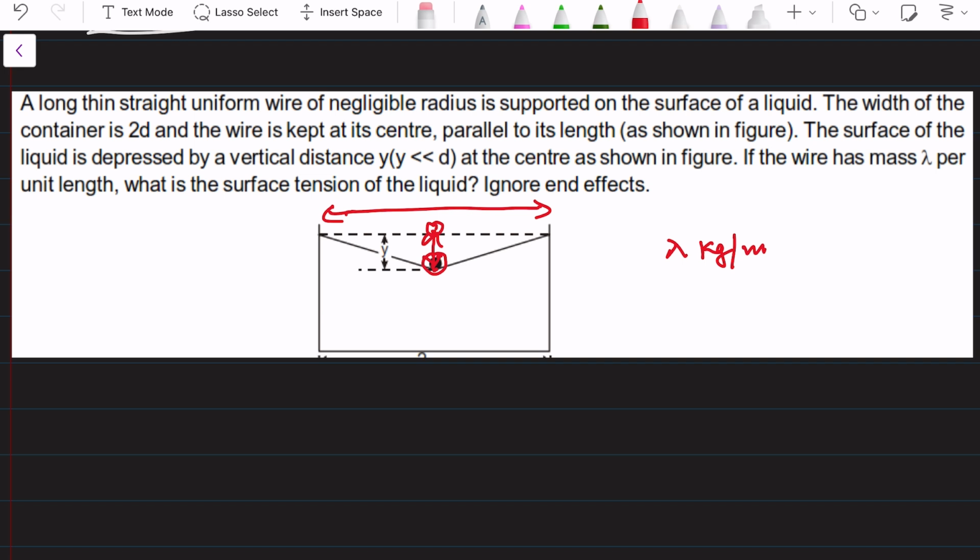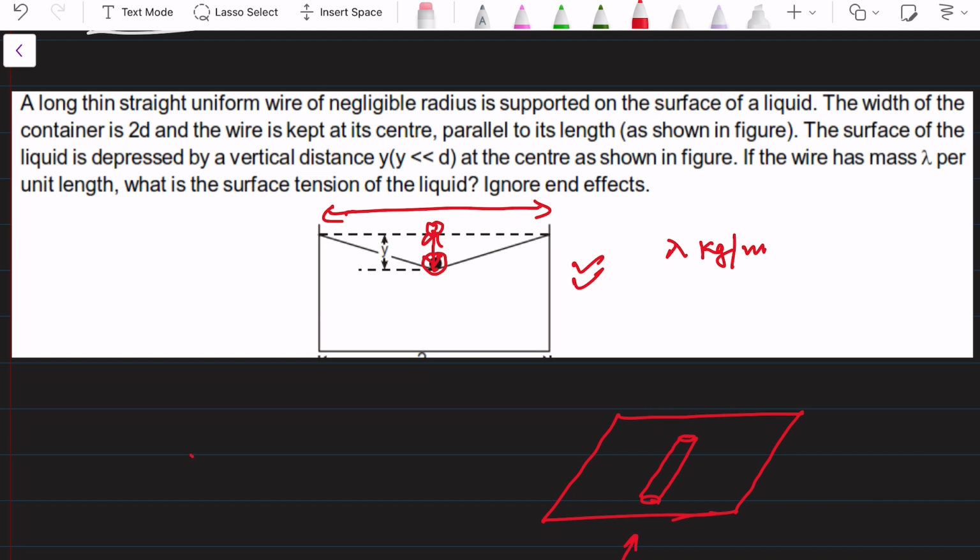Now what is happening? This is the front view, two-dimensional view of the situation. Let us say you place one particular container like this, and on this you are keeping the wire like this, and you are observing it from this side.